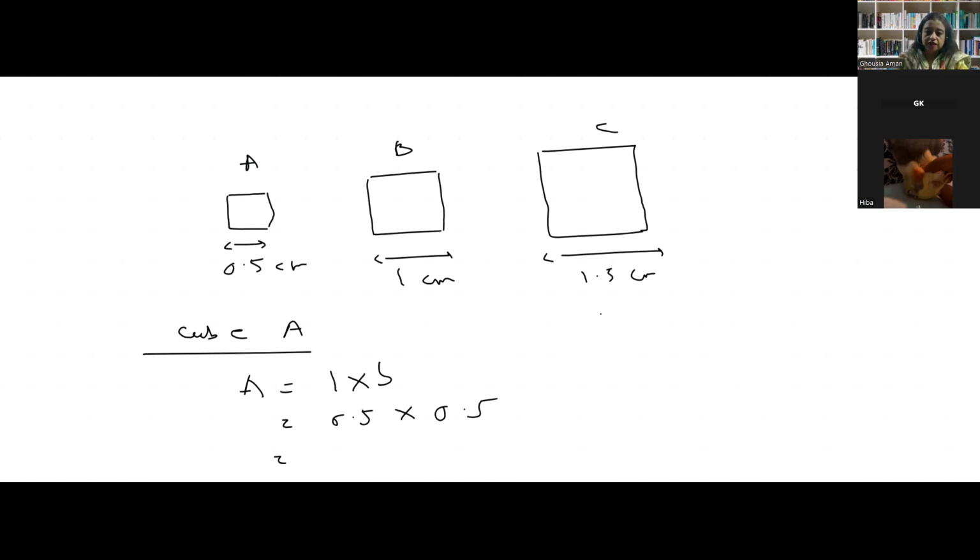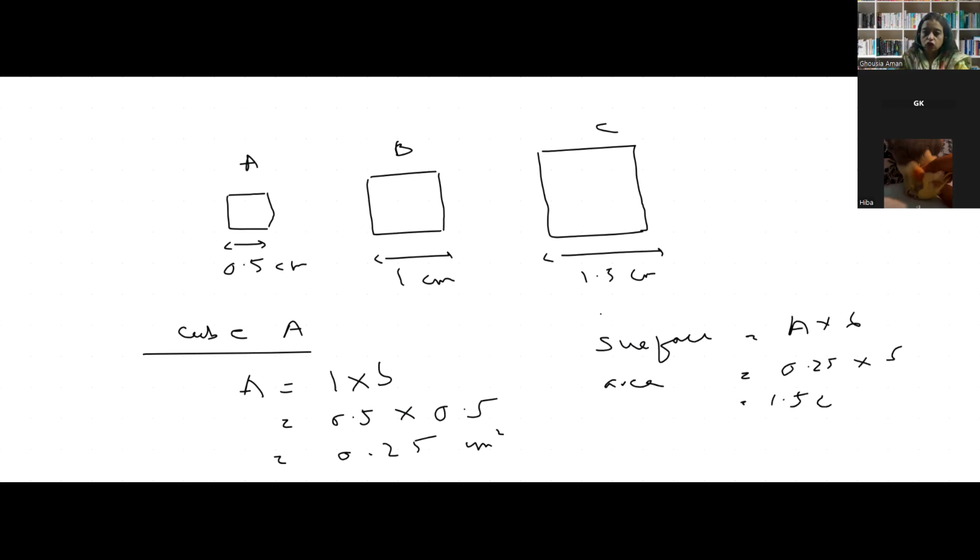In order to find the surface area, what do you have to do? Because each cube has 6 surfaces, the area will be multiplied by 6. So 0.25 multiplied by 6 gives you 1.5 cm squared. This is the surface area of cube A.